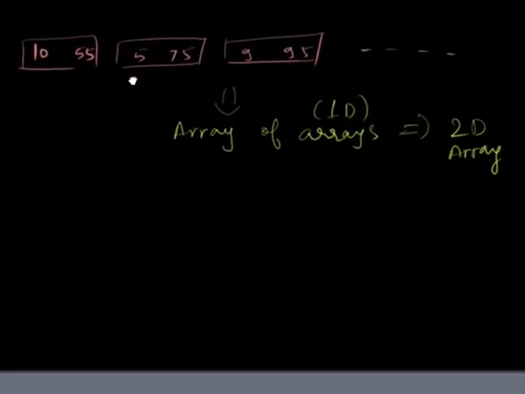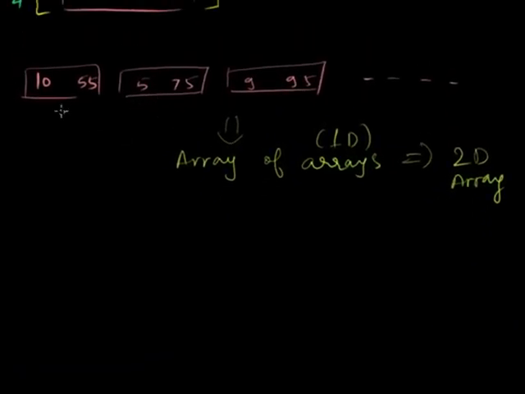Okay, let us see how we declare arrays. So let's say I want to declare a 2D array which stores integers. Similar to 1D arrays, we declare the type of each of the elements which are stored in the array. Then we have the array name, and then we have the dimensions.